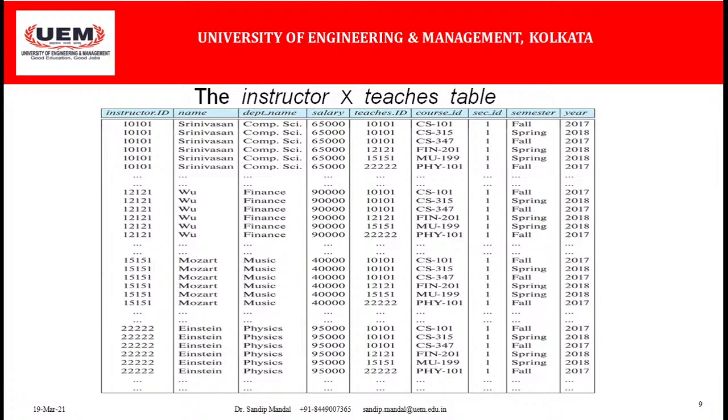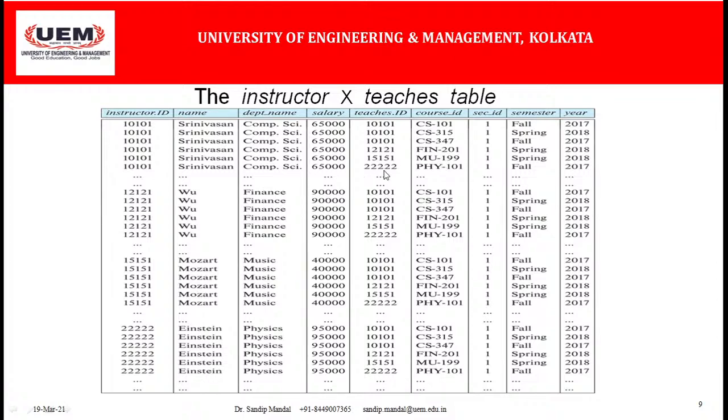In the Cartesian product, whenever you generate a number of tuples, if in a single tuple the instructor ID value is the same as the teacher's ID value, this particular instructor is taking care of these particular courses. There is no doubt. But if the instructor ID does not match the teacher's ID, there is some lacuna: the instructor may or may not be taking these courses.